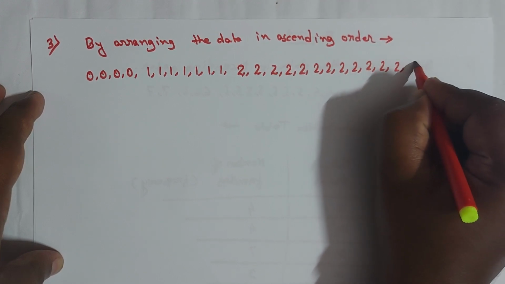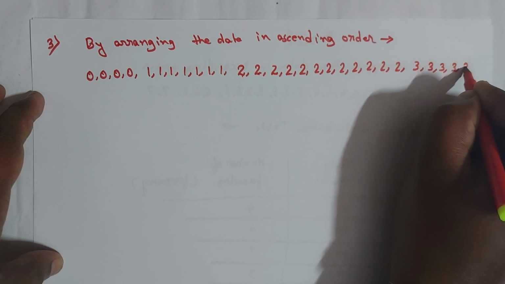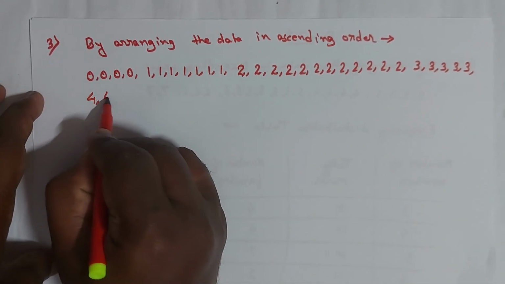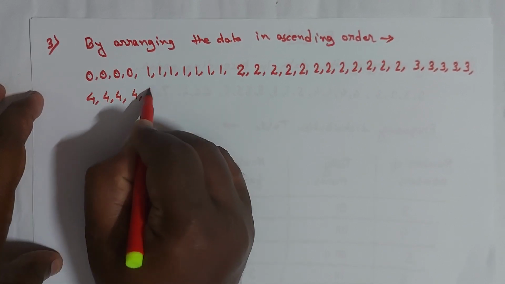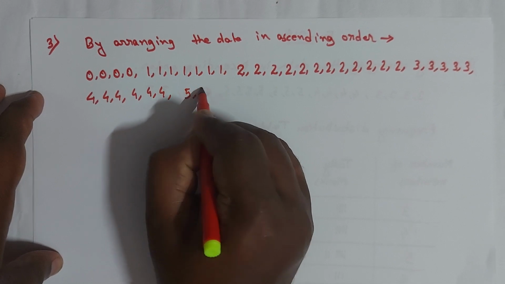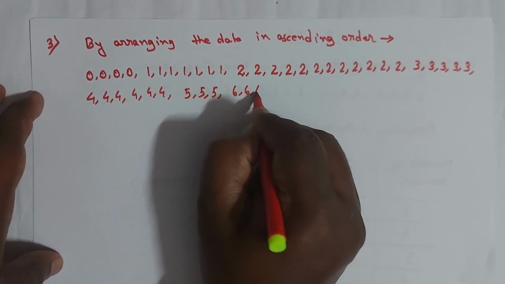Okay. Then 3. 3 is 5 times. Then 4. 4 is 6 times. Then 5. 5 is 3 times. Then 6. 6 is also 3 times.